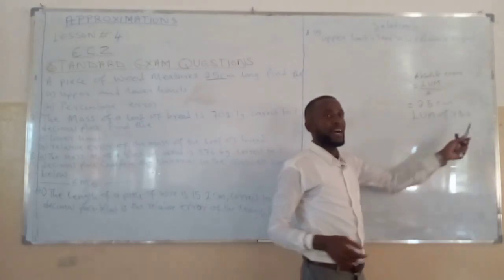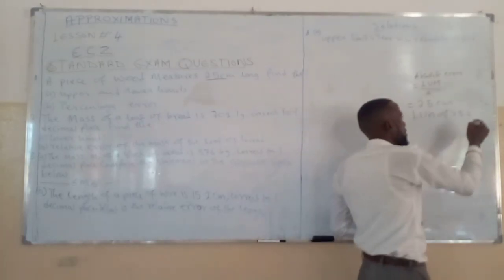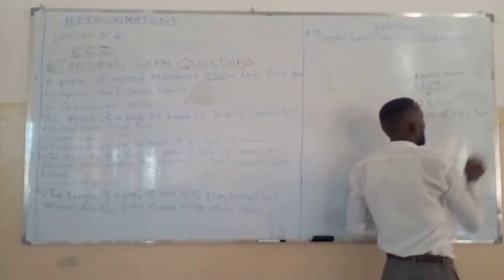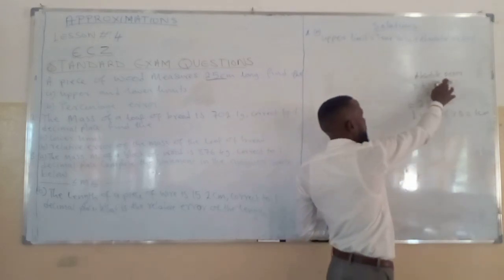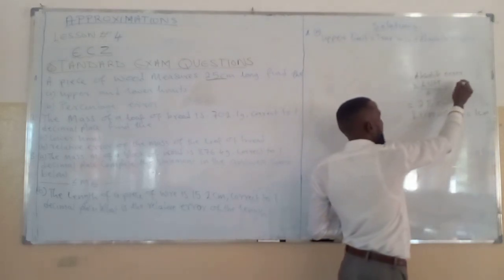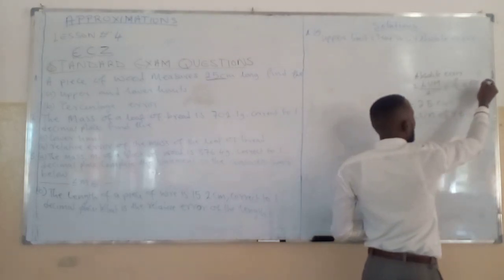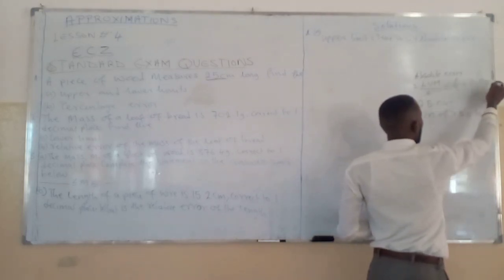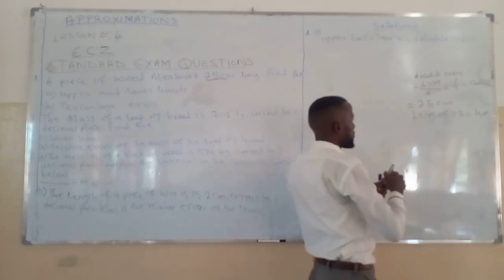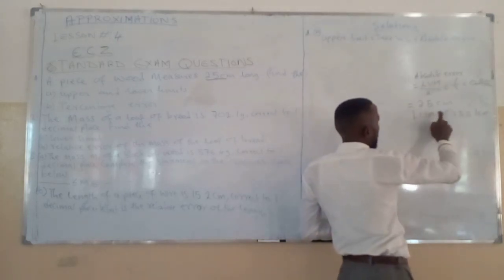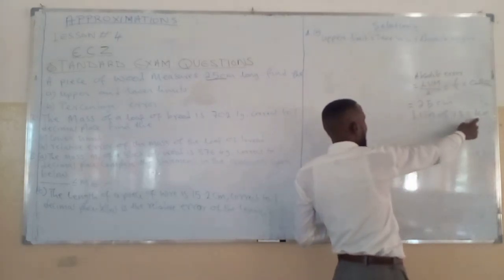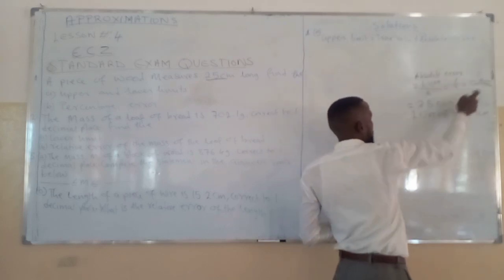This is a whole number, hence it has a least unit of measurement of 1 centimeter. So to find the absolute error, I simply say 1 divided by 2, which gives me 0.5 centimeter. So the least unit of measurement of 25 is 1, but the absolute error is 0.5.